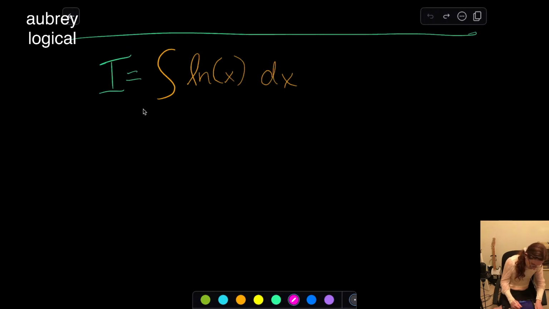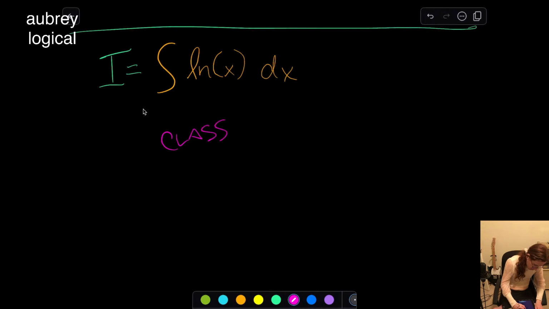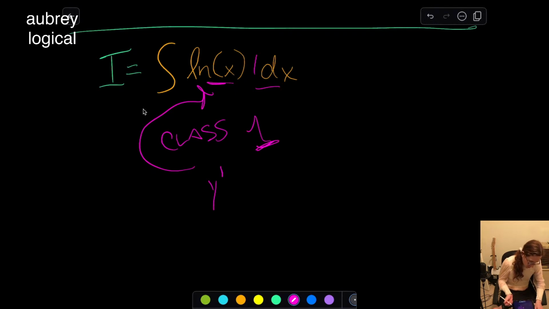So, according to our class number 1, we're first going to check and see if finding the derivative of either of these functions makes the functions themselves easier, which usually is kind of obvious when it's an ln.